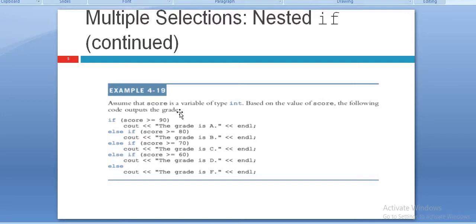Note down that if the data type or any instruction is given in your problem statement, then there is no possibility of assumption. For example, we have written that score has the data type of integer.